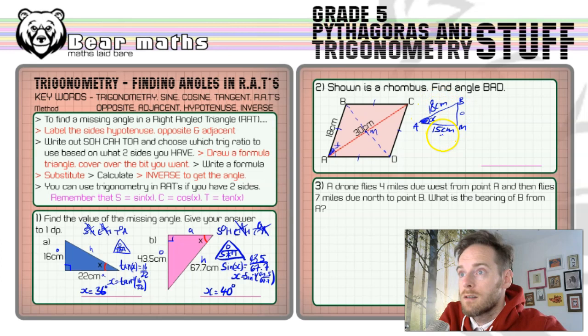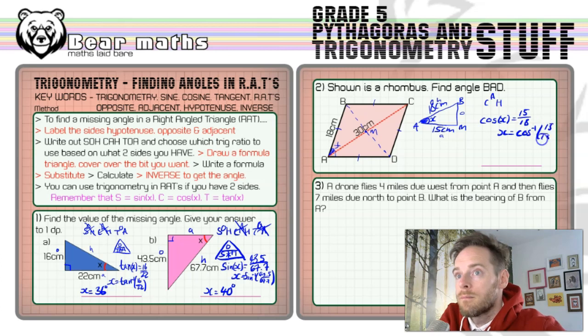So that's the opposite, that's the adjacent, that's the hypotenuse. Okay, CAH is the one we're going to use here, all right, because it's got the adjacent and hypotenuse in it. So cos of the angle equals adjacent, which is 15, over the hypotenuse, which is 18. Okay, x equals cos to the minus 1 of 15 over 18.